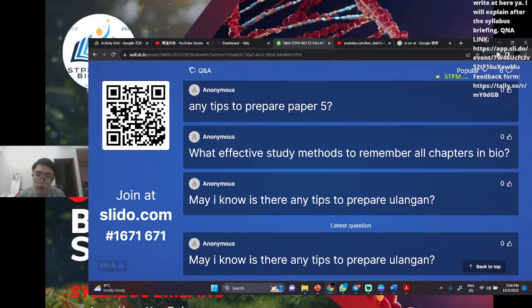You are very lucky, because last time ulangan and century were compiled together, but now between sem 1, sem 2 and the century there are two months.